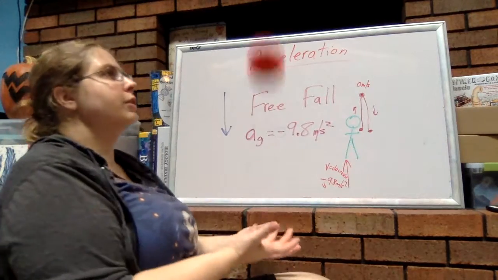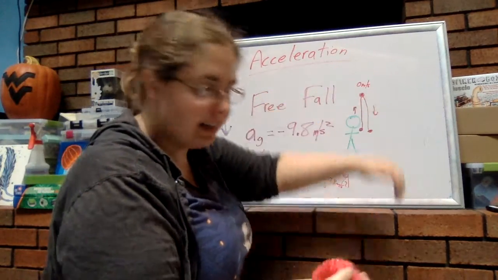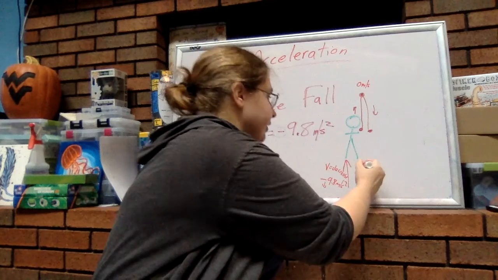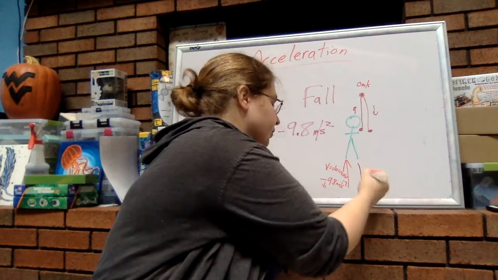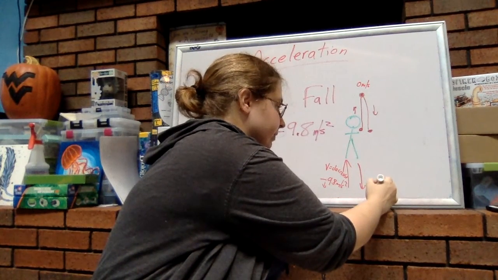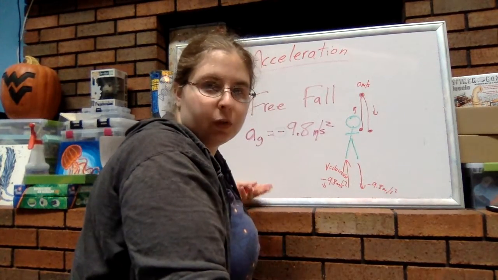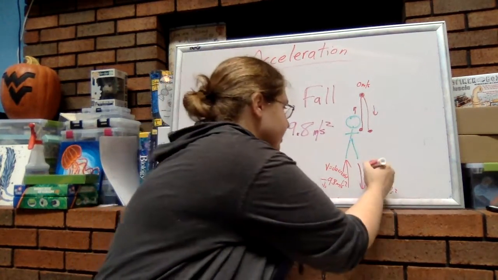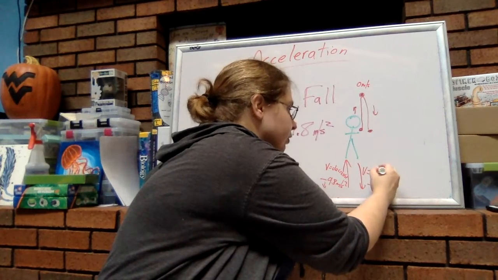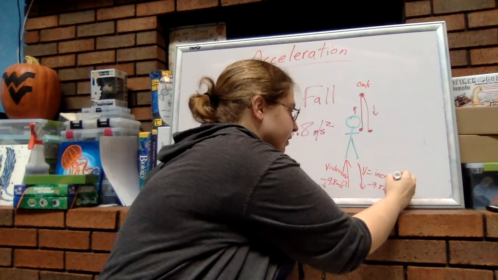I throw it up, it slows down, it stops, and then it starts falling again. And as it starts falling, it still has the same acceleration because, again, only gravity is acting on it. But this time, the velocity is going to increase.